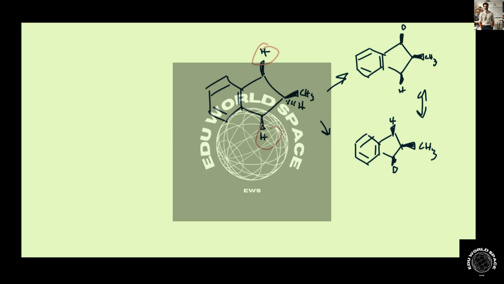Okay, and what we'll notice is that they differ in the stereochemistry of both stereocenters that we've now created in this molecule. Remember, this was not a stereocenter before due to symmetry, but it is now due to the asymmetry that we've introduced. What we'll notice is that these are, in fact, enantiomers of each other.